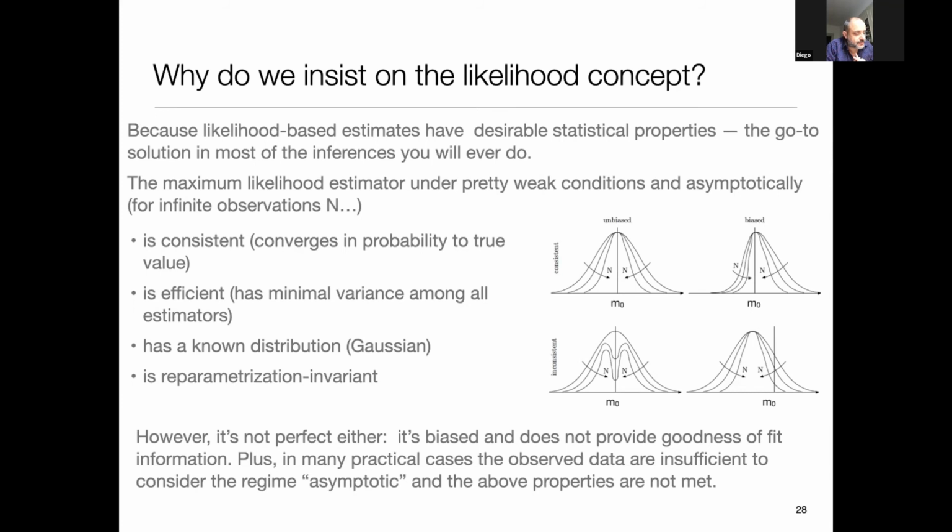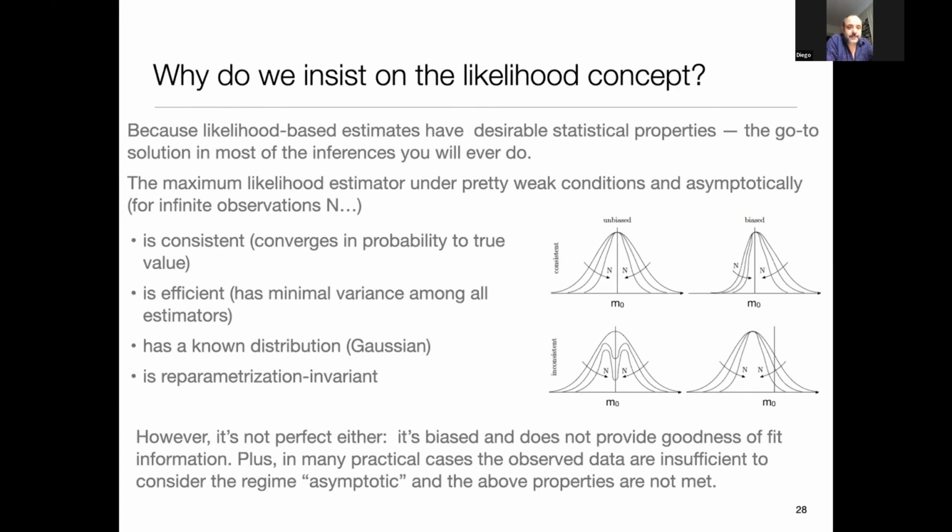It has the minimal variance among all the estimators. And even more important is that for a very large number of observations, the maximum likelihood estimator has a known distribution, which is Gaussian. And then it's also reparameterization invariant, which I already mentioned. So it's consistent, it's precise, and I know its distribution.